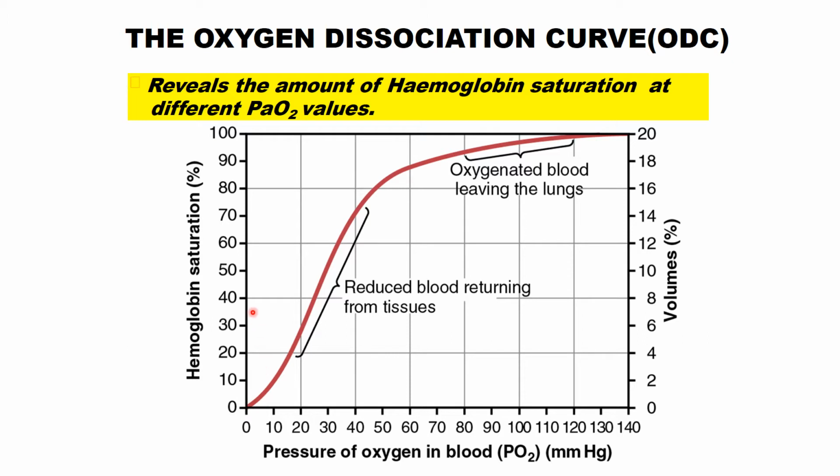The next level of importance is at P50. P50 refers to the 50% saturation of hemoglobin, and this occurs at a partial pressure of 26.8 or approximately 27 millimeters of mercury.